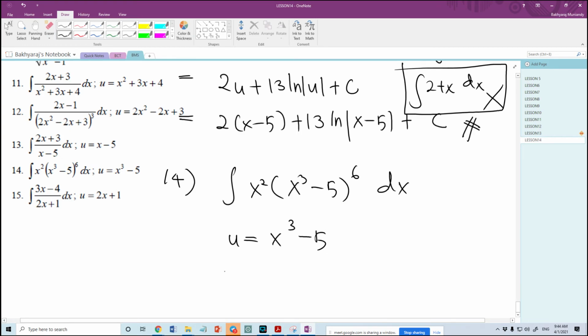So what is our du dx? Correct, 3x square, correct. Okay, so dx should be equal 1 over 3x square du.